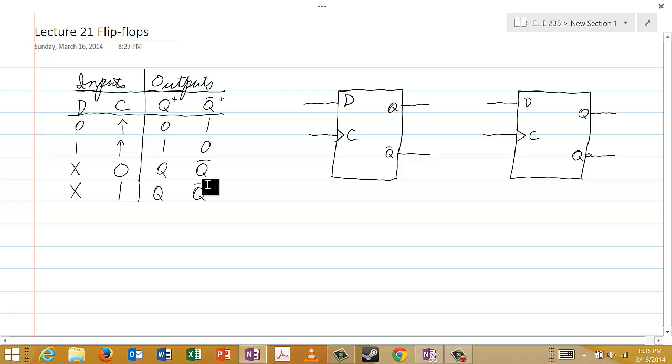And if we wished, we could actually put in two more lines in this input-output table. It's not traditional to do this, but those two would look like this.